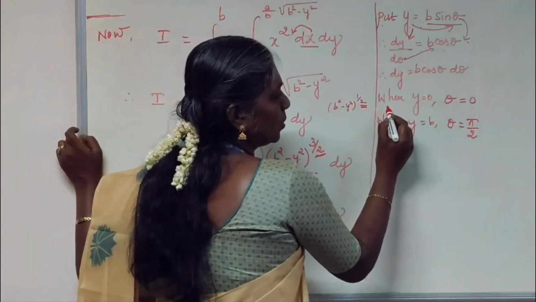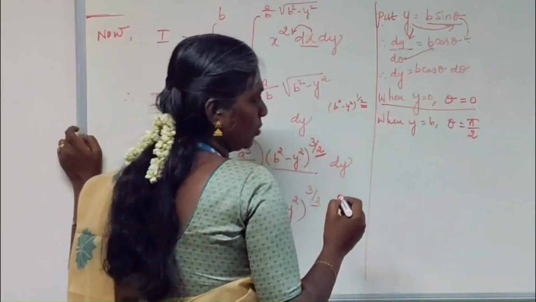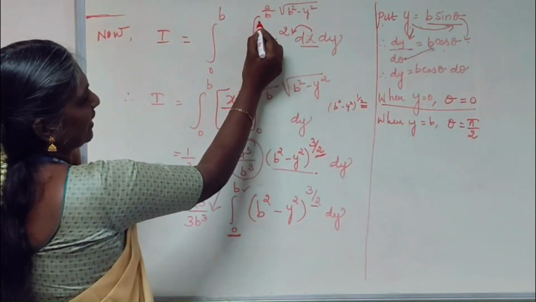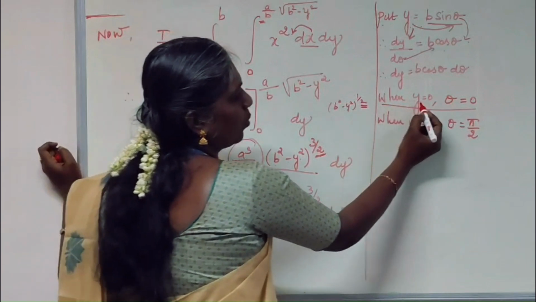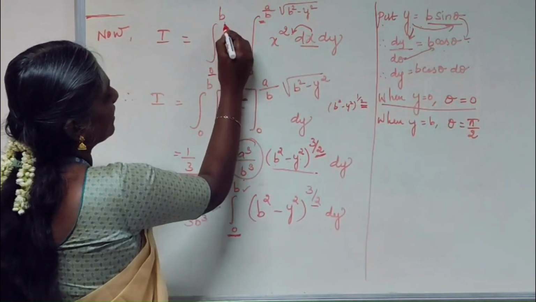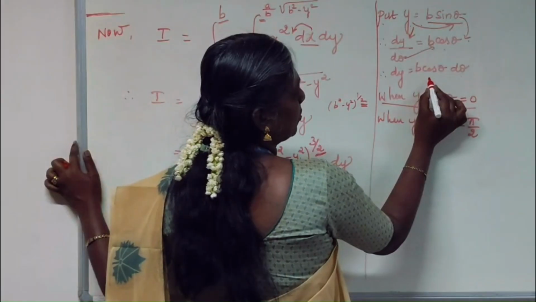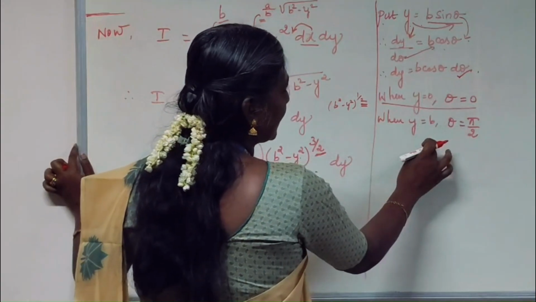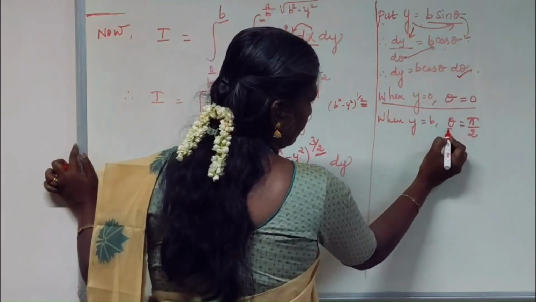Now we want to know the limit of theta. So what is the range of y? Here y varies from 0 to b, and dy is equal to b cos theta d theta. Now we want to write the range of theta.